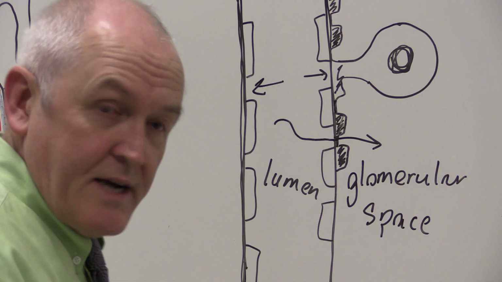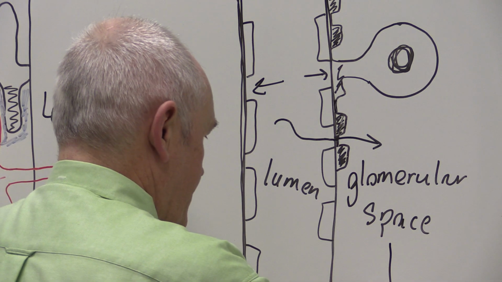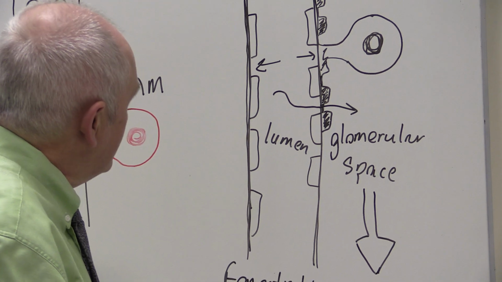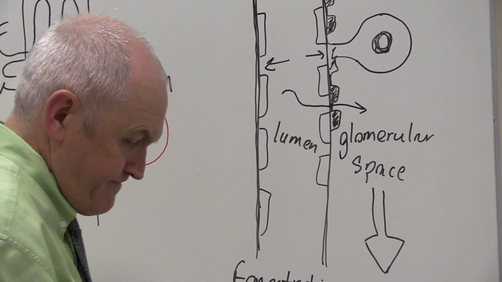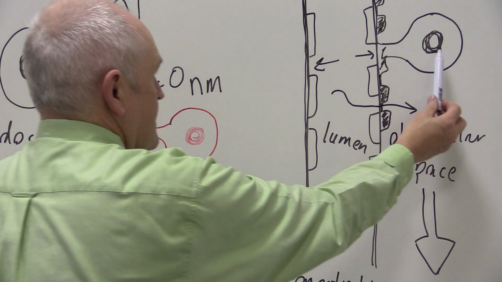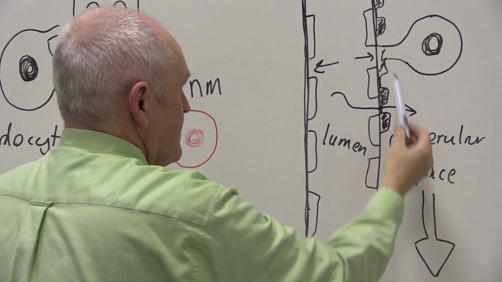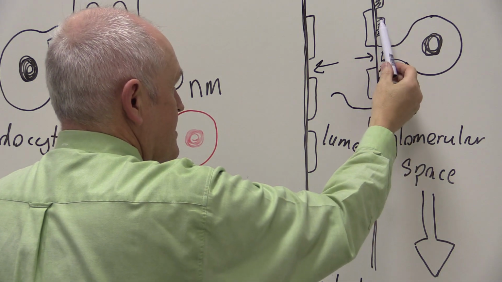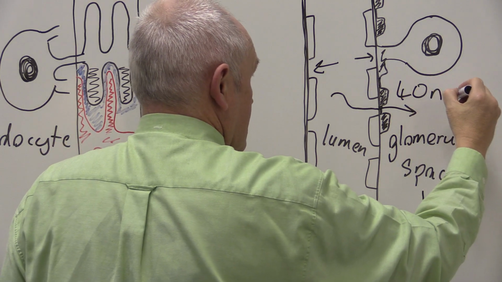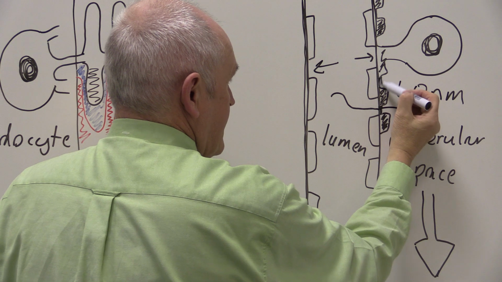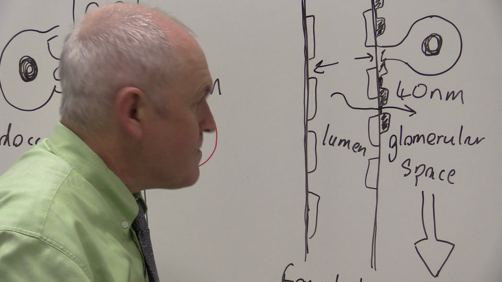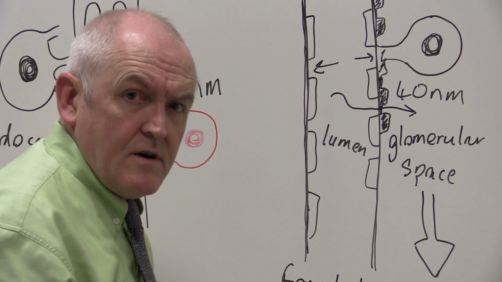Once it's in the glomerular space, straightforward, the fluid goes on down to enter the proximal tubule. So we have the podocyte, the pedicels, the filtration slits, and remember these filtration slits are only 40 nanometers. So from there to there is only 40 nanometers, giving the physical basis for this process of ultrafiltration.